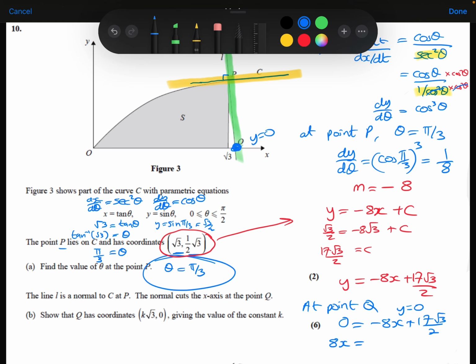So move the 8x to the left-hand side, divide through by 8, and I'm going to find that x is 17 root 3 over 2 times 8, so 16. So that's the x coordinate. So just comparing that to what we were told in the question, we can hopefully see clearly there that k is 17 over 16.